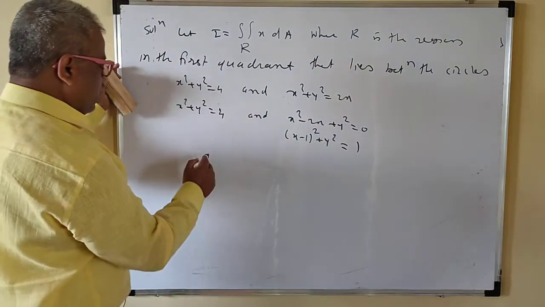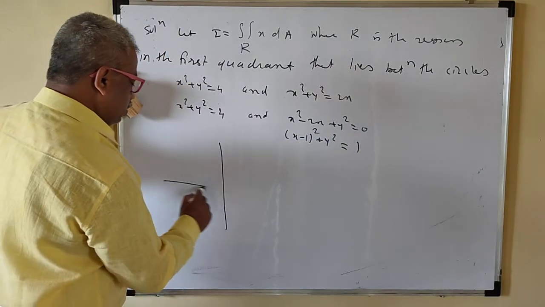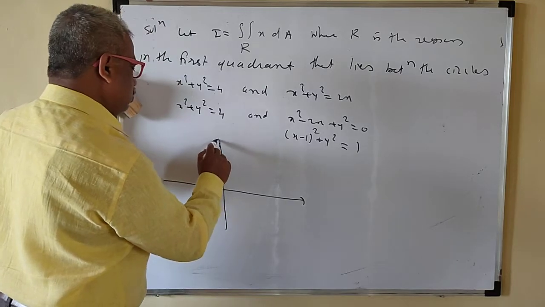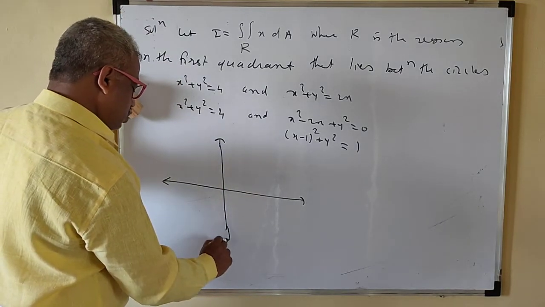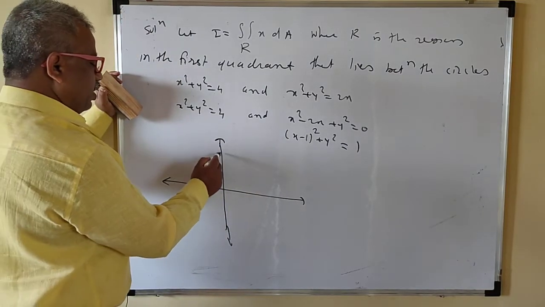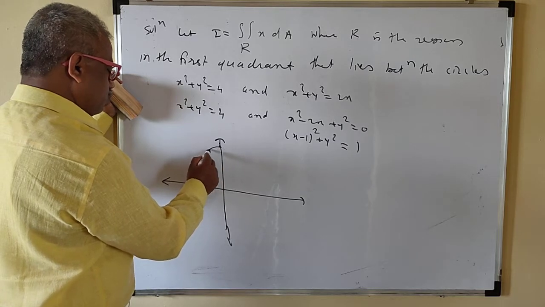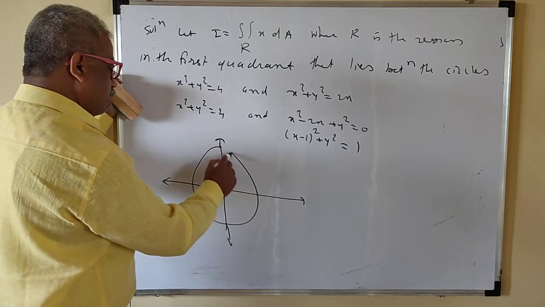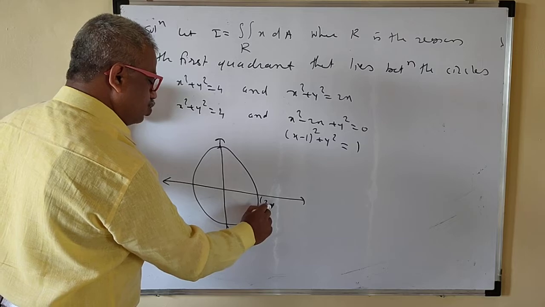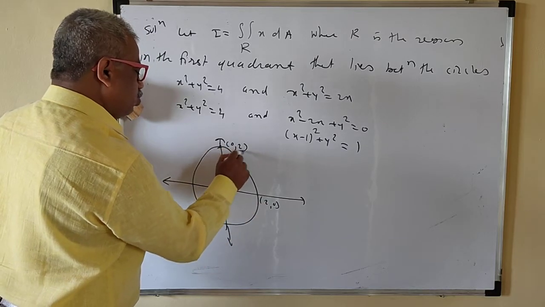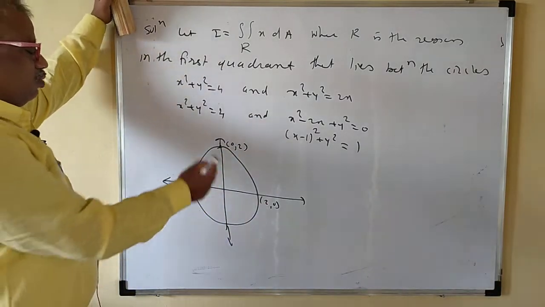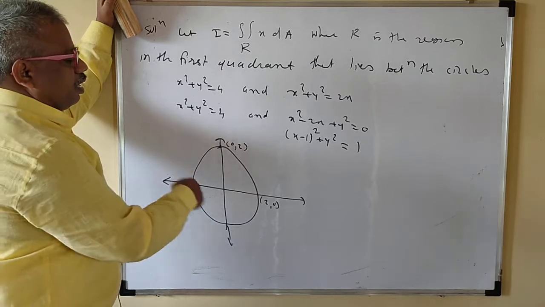Now we will draw the figure so that you will understand this. This is a circle with radius 2. I will draw this circle: this point is (2, 0) and this is (0, 2). We are in the first quadrant, so don't bother about the other part.